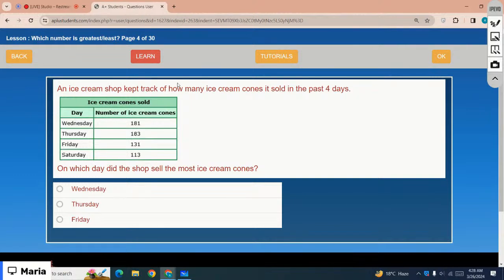That means on Thursday the most ice cream was sold, right?